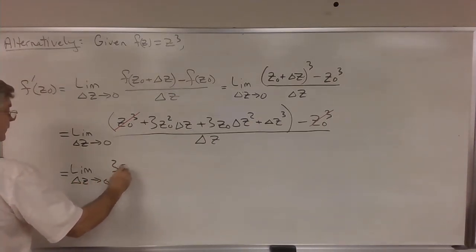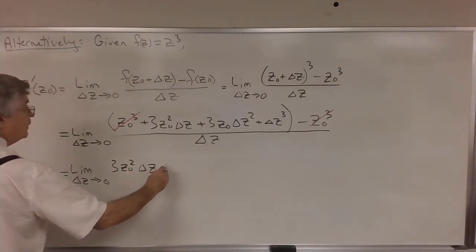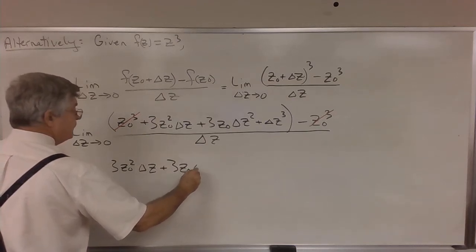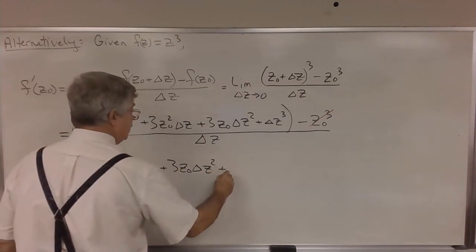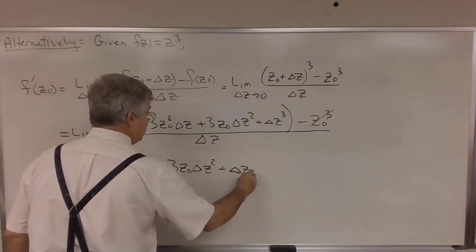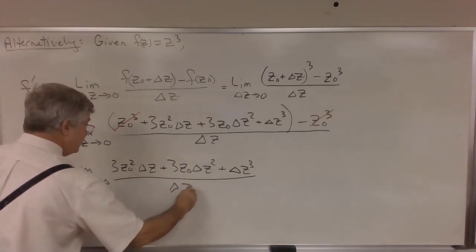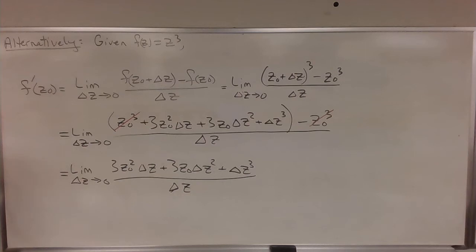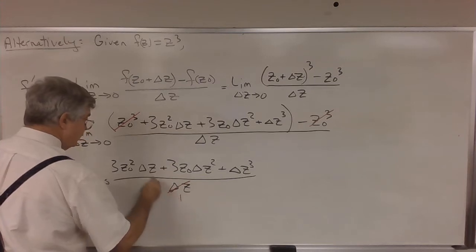So we have 3z naught squared delta z plus 3z naught delta z squared plus delta z cubed over delta z. And every term in numerator and denominator has a factor of delta z, so we cancel those out.